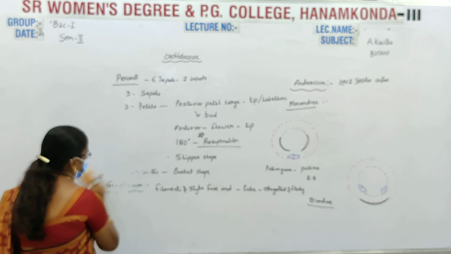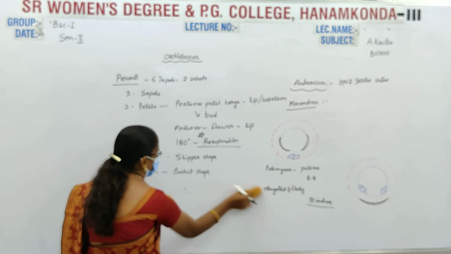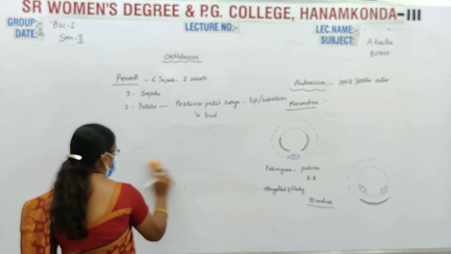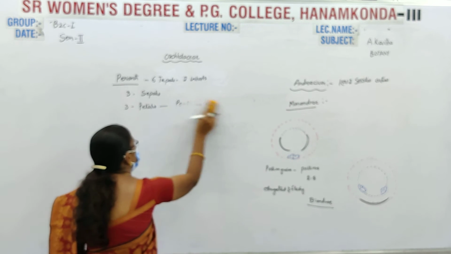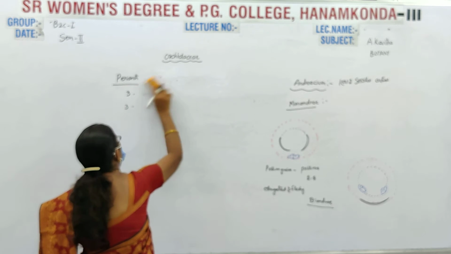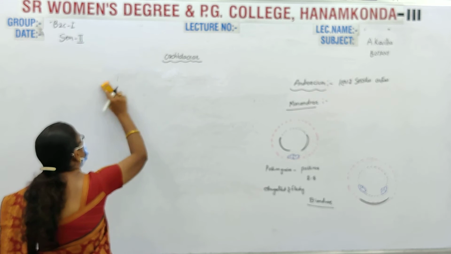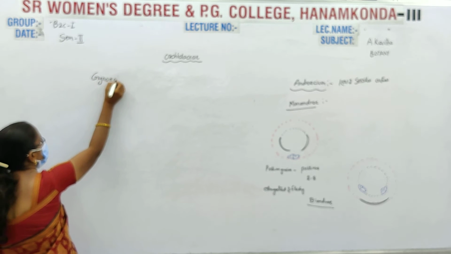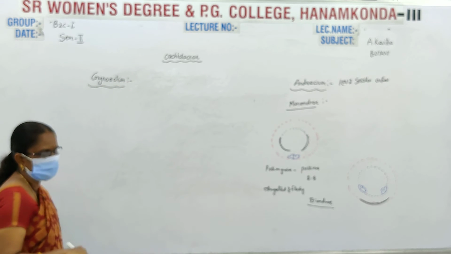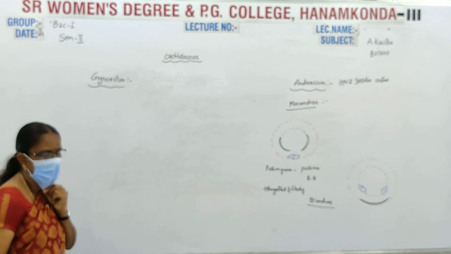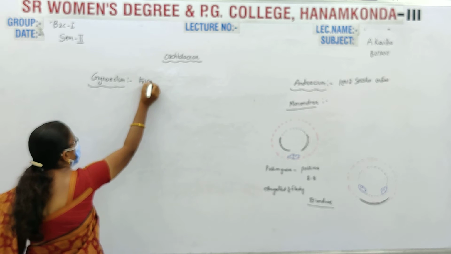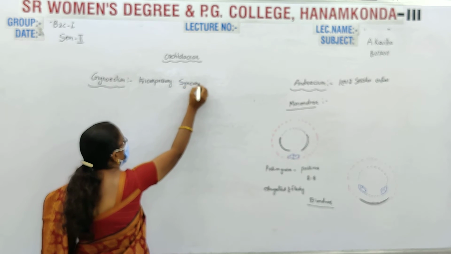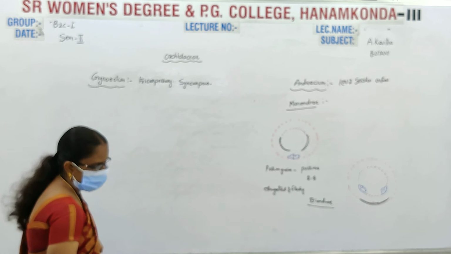Next we will see the gynoecium. The gynoecium is tricarpellary, syncarpous, and unilocular.